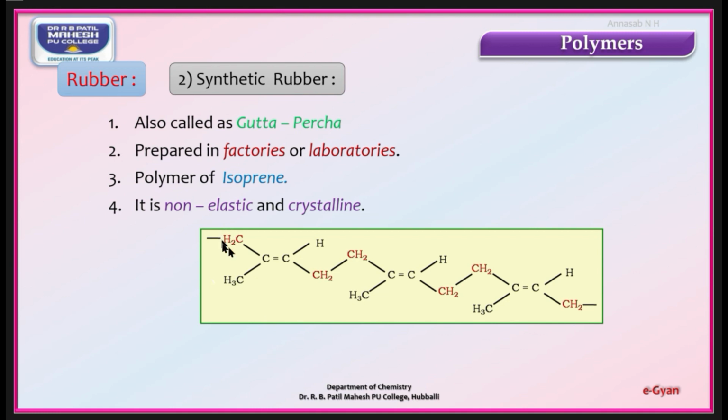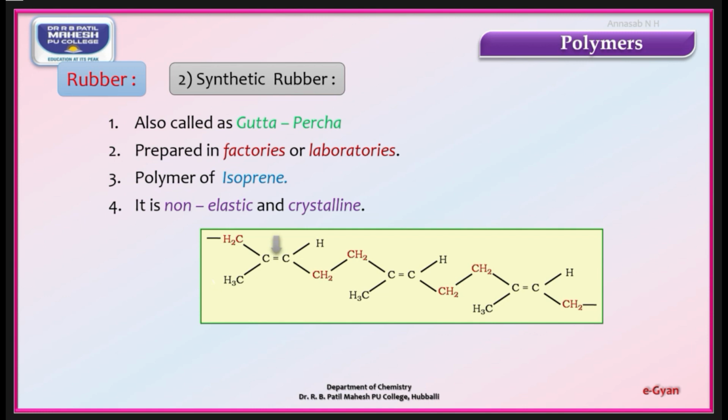The CH2 groups are on the opposite side of the double bond for one unit. We can draw the same thing for the second component also. CH2 groups are on the opposite side. If they come on the same side of the double bond, it is the cis isomer.